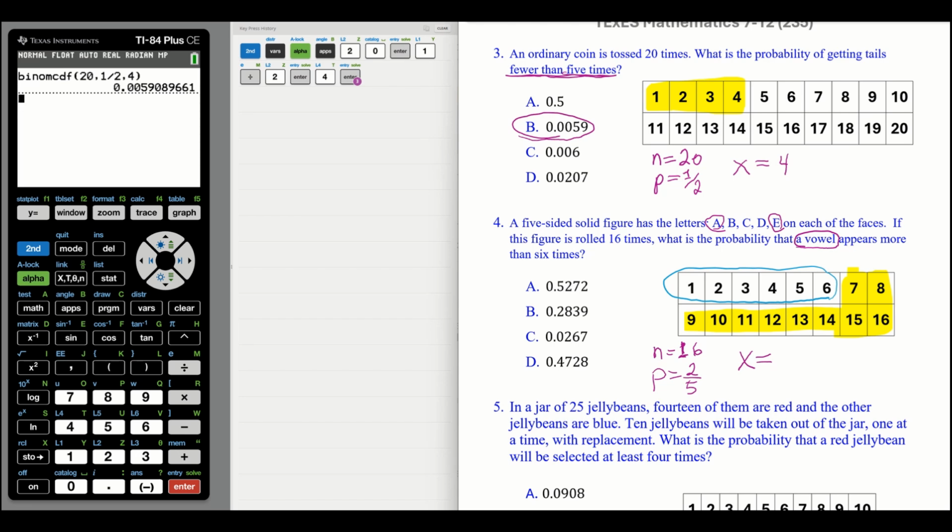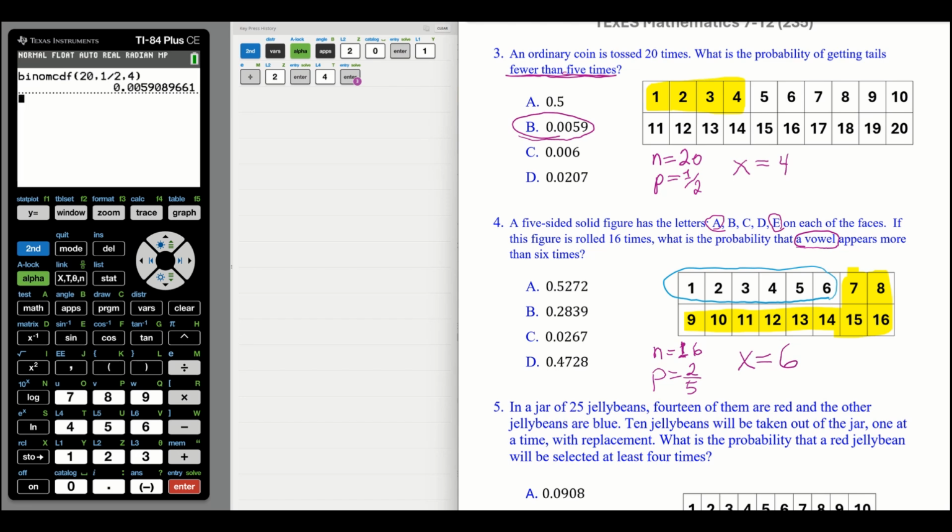We add up the probabilities of each event occurring, and they must equal 1. Well, we need to take out a portion of those probabilities. So we know x is going to be 6 here.